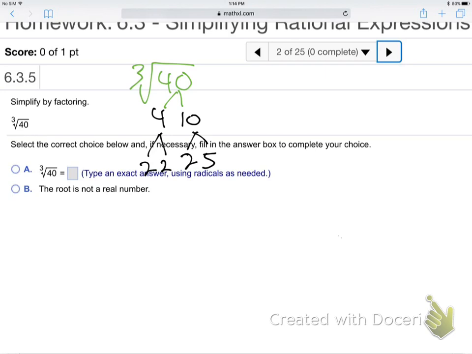So 2, 2, 2, 5. So I have the cube root, the third root of 2 times 2 times 2 times 5. 3 2s and a 5. So the 3 dictates if 3 are on the inside, 1 comes out. Exactly.